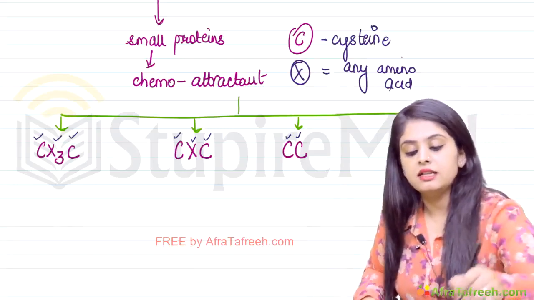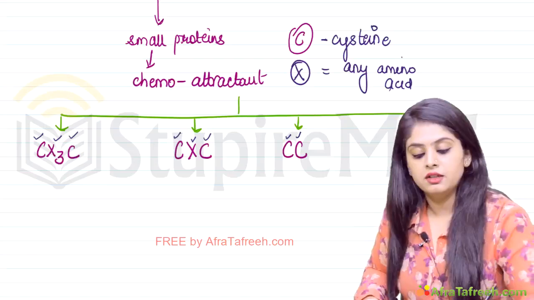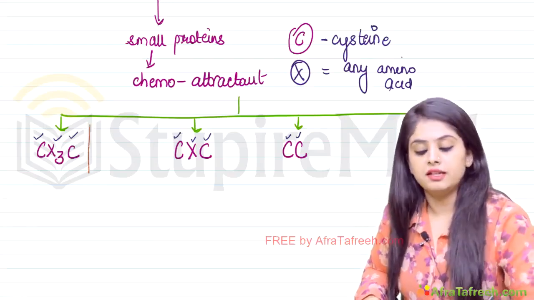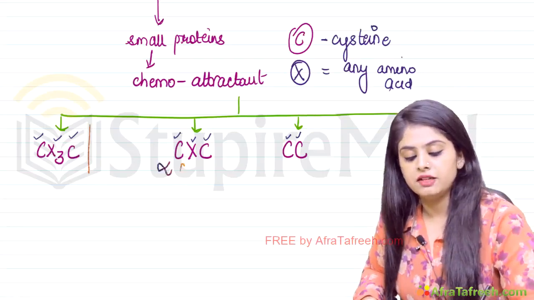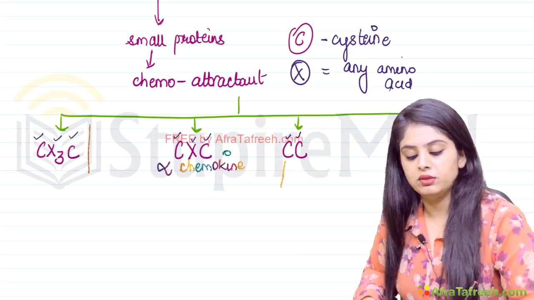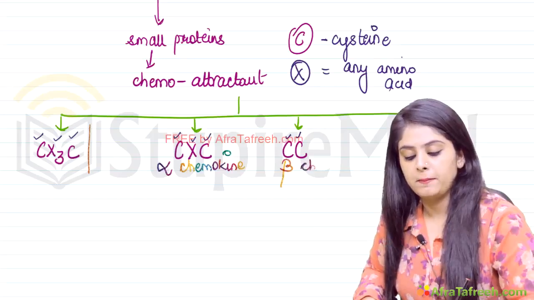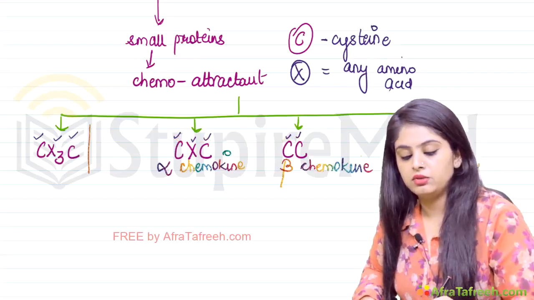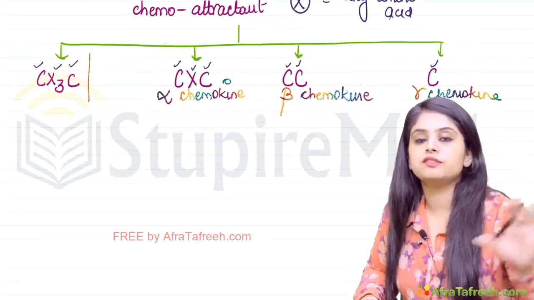There are certain other names also that have been given. Forget the first category. Start from the second. This is known as alpha chemokine. The CC is known as beta chemokine. And C is known as the gamma chemokine. So just eliminate the first category of CX3C.